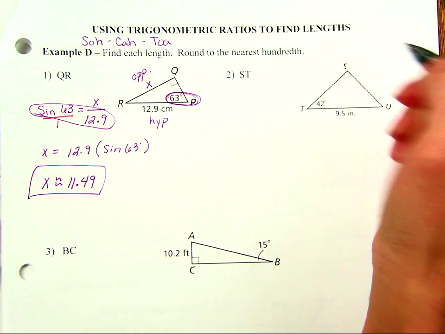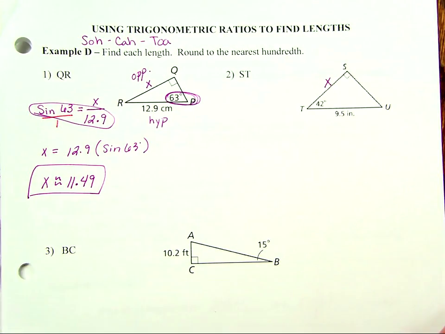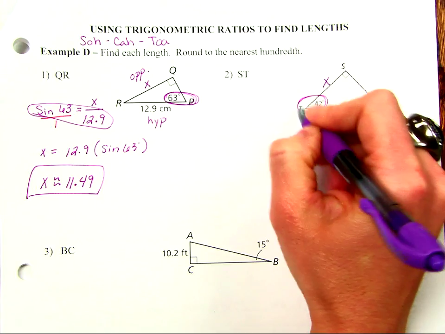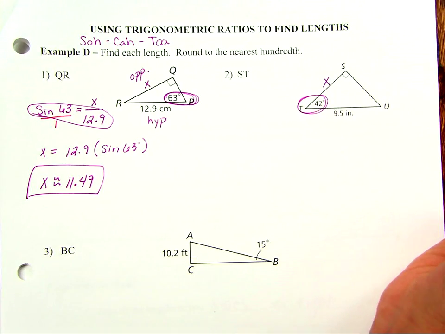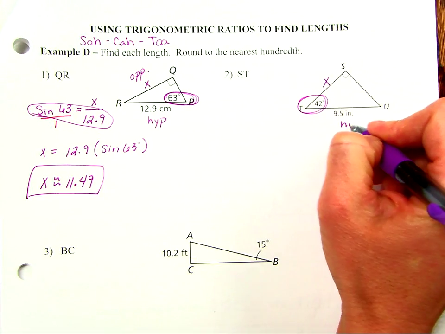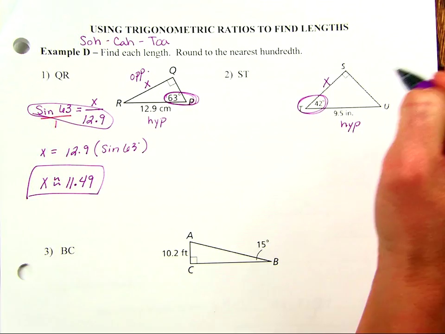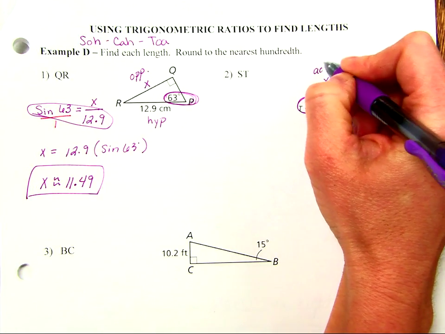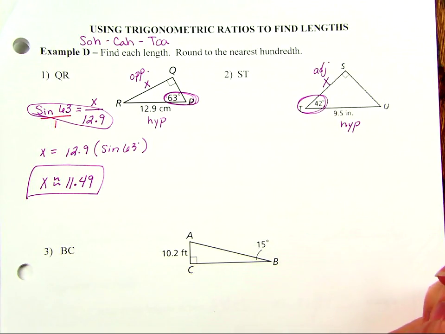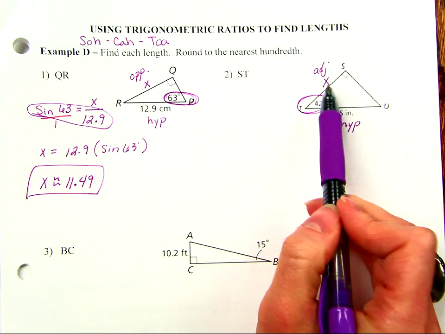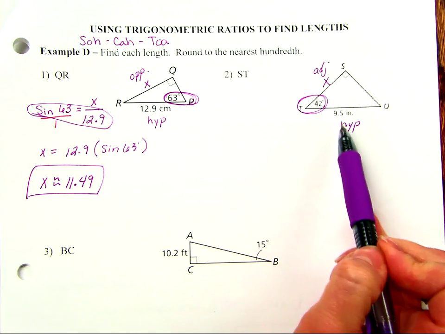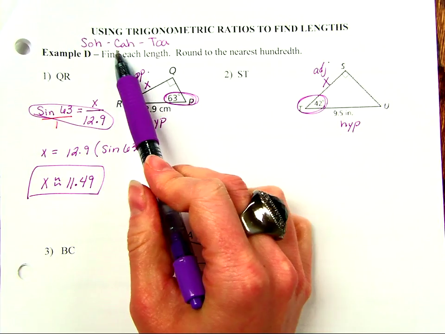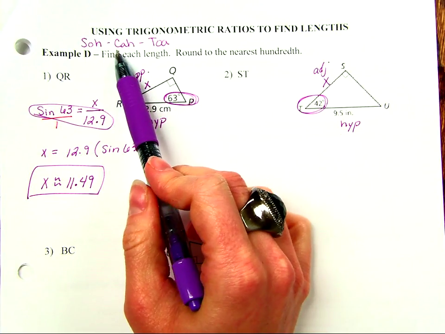Question number 2, we're looking for side ST, and again, I can't use the Pythagorean theorem, but I do have an angle measure here. 9.5, I have my hypotenuse side, and this time, from my 42-degree angle, x would be the adjacent. So I can use the trig ratio that would use adjacent and hypotenuse. As I come up here, adjacent and hypotenuse would be C for cosine.